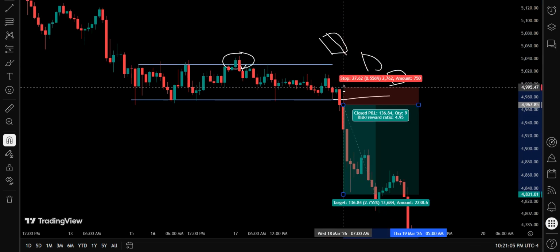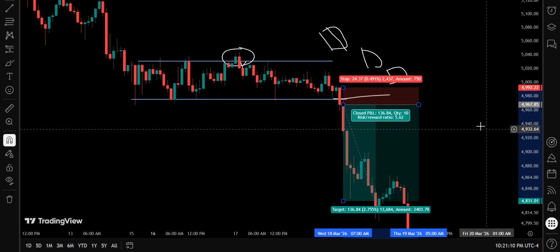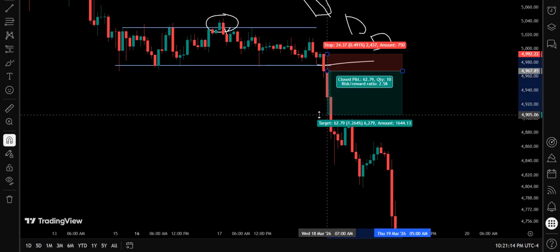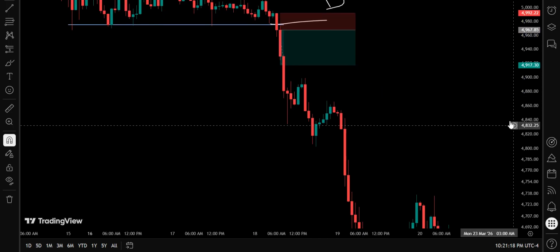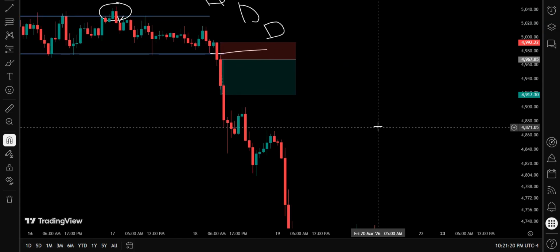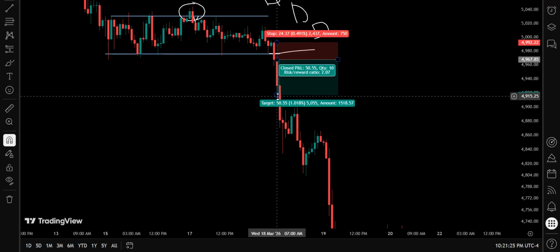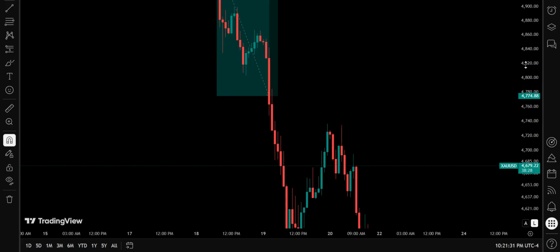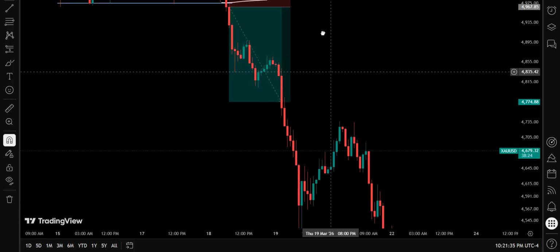Our SL would be here and the first TP would be 1:2 this, and we will continue taking profits. We will close our half position here and then we will let it keep going until it gives a certain signal that the market is going down.